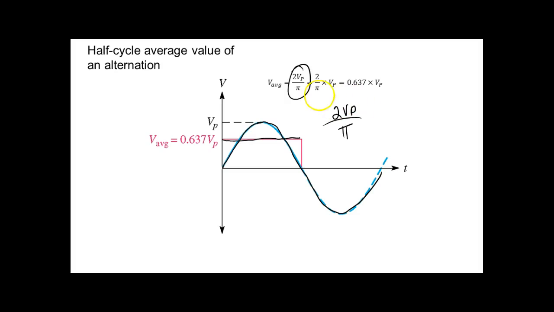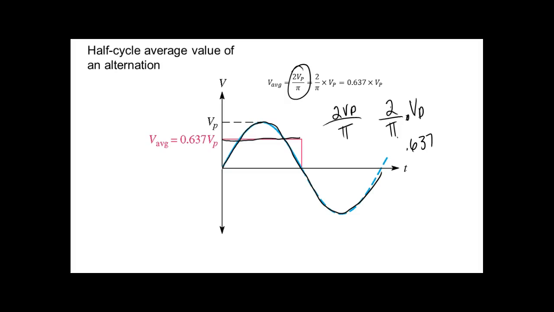Now, if you split this off and said, okay, I'm going to put V peak over here and 2 pi right there, then I could come up here and say what? 2 divided by pi would always be equal to what? 0.637. So that's where the 0.637 comes from.